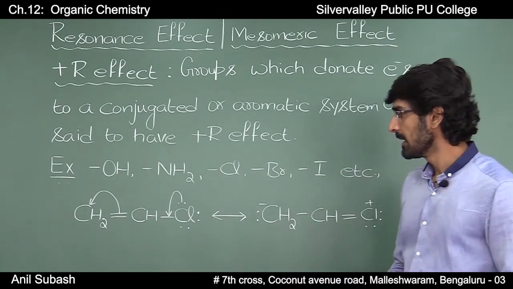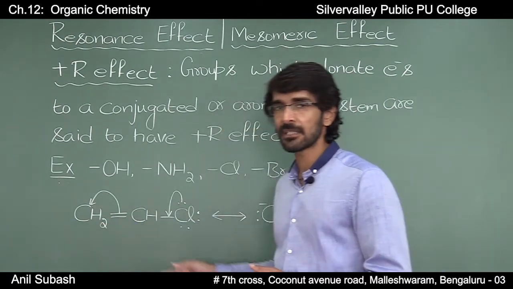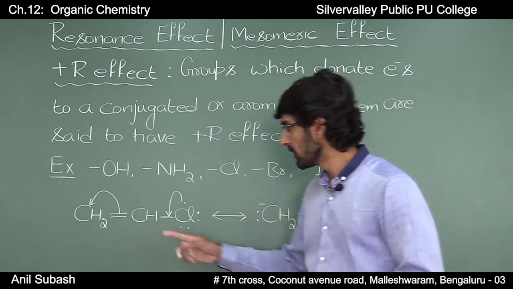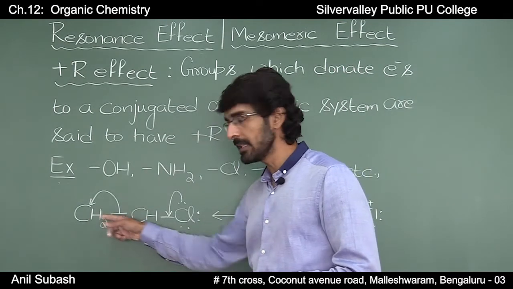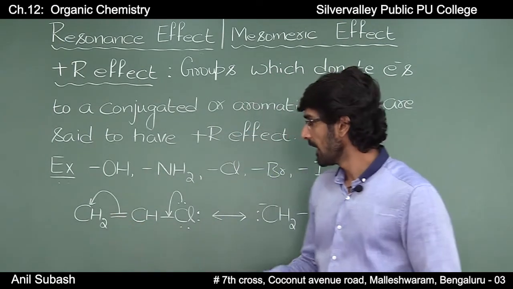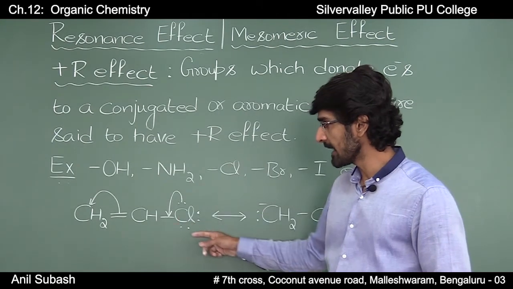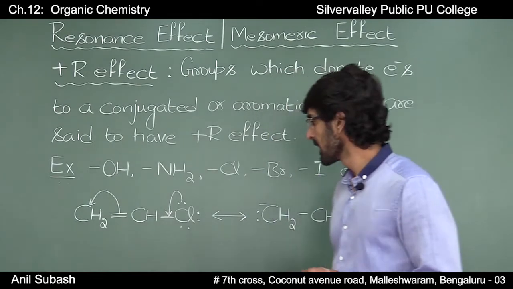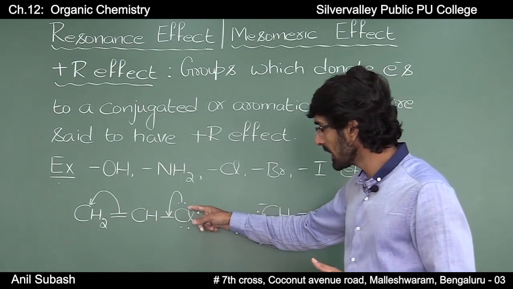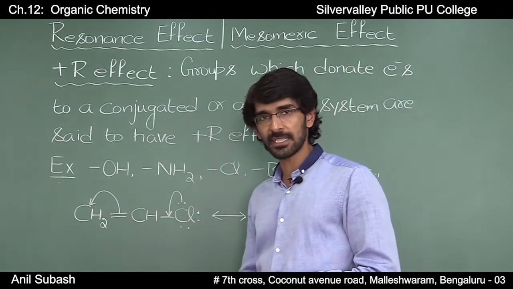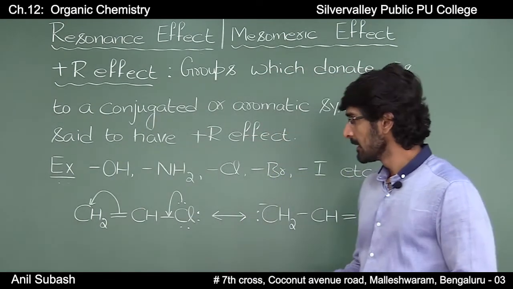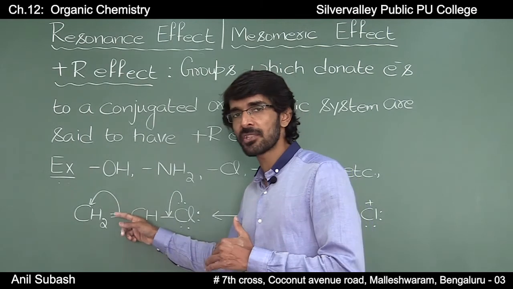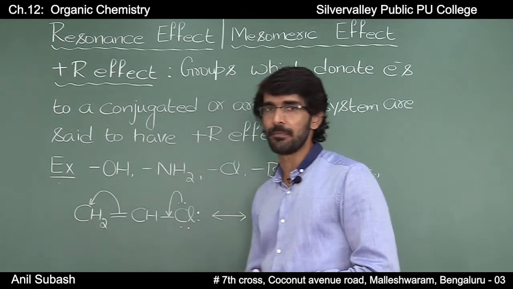For example, let us consider vinyl chloride. Vinyl chloride is a conjugated system where you have a carbon-carbon double bond, and a chlorine atom is attached to this conjugated system. In this case, chlorine will donate a pair of electrons to the conjugated system, and due to this, the displacement of pi electrons takes place to one of the carbon atoms.